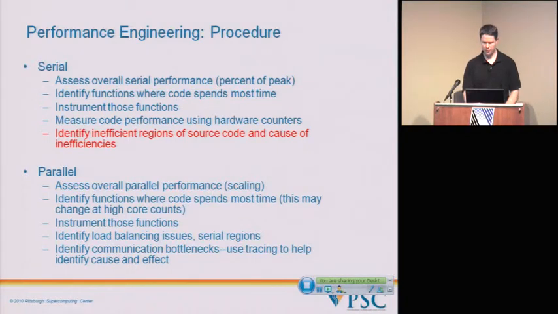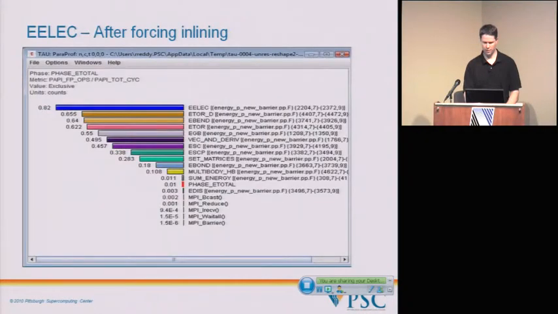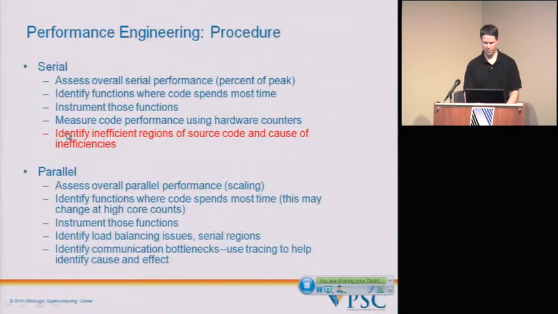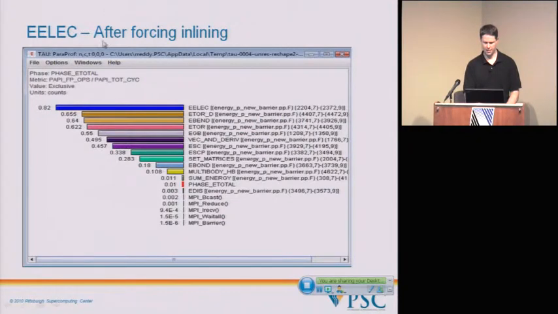So now we've measured the performance, and we want to look at regions of the code that are inefficient. That's where we're at right here. We're looking for inefficiencies. This one looked pretty decent, but it turned out that in this case, we can do much better in that routine if we make sure that we get all of our functions inlined.